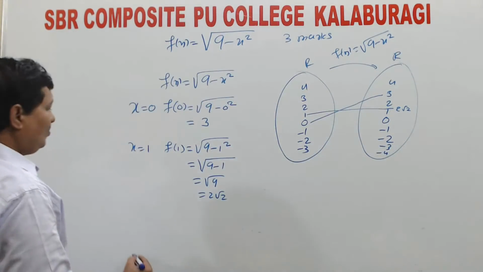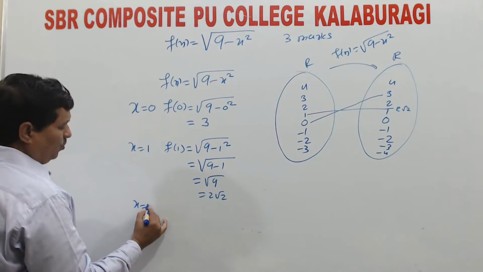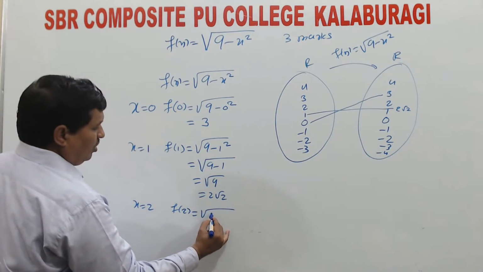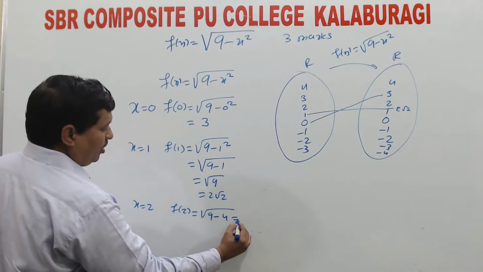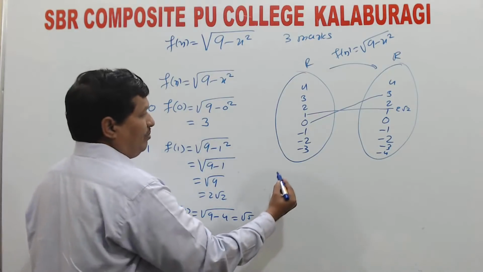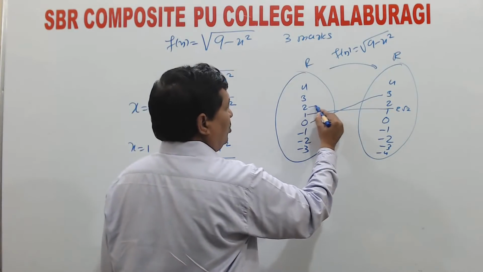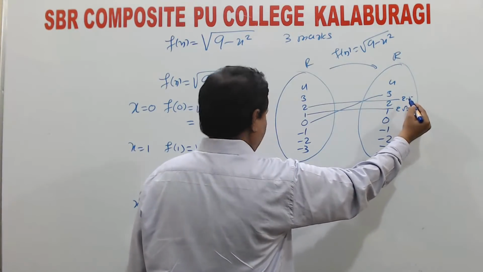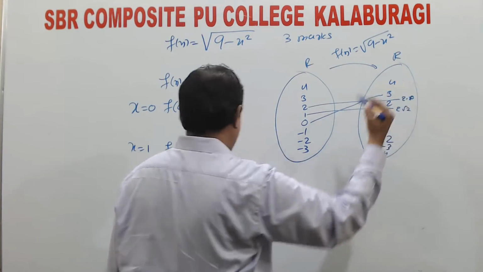X equal to 2. F of 2 equal to root of 9 minus 4, equal to root 5. Root 5 means again 2 point something will come. 2 is related with 2 point something.